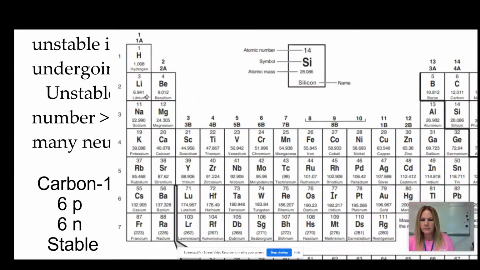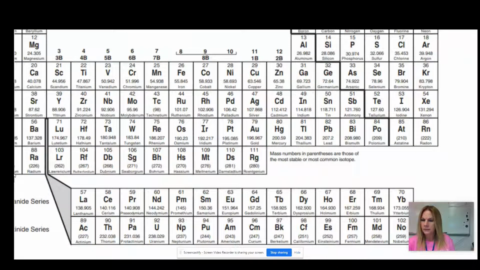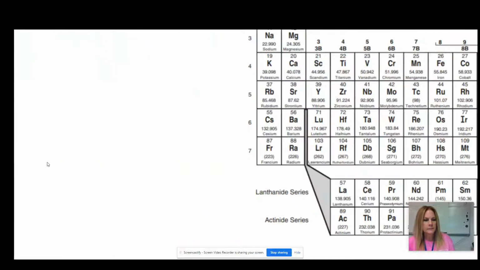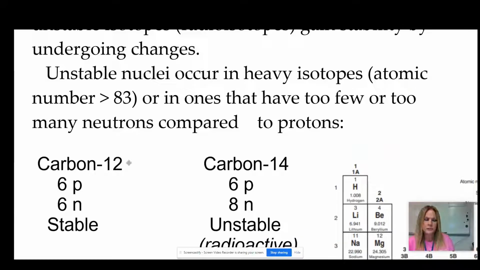If I grab my periodic table right here, that means bismuth, Bi, is the last naturally occurring stable element. Polonium, Po, and all these that follow after it, and down here, are radioactive because they're just too big. So one way something's unstable is if the nucleus is too big.